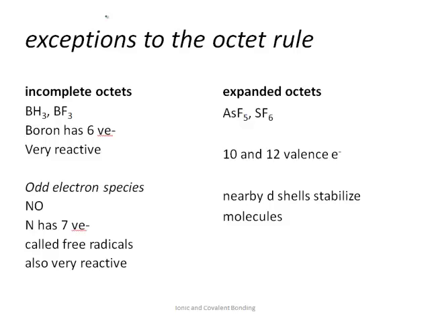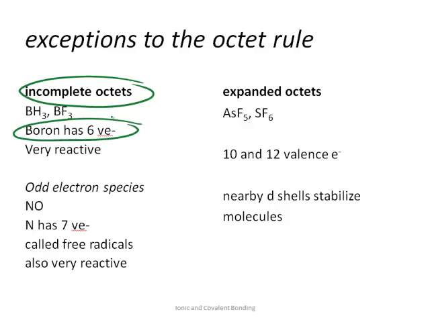And in general, we can have incomplete octets, atoms with less than 8 electrons, not including, of course, the duet rule. That's quite common. This occurs for elements in between the very small ones like hydrogen and helium, and larger ones such as neon, such as boron. Boron happens to be somewhat stable with 6 valence electrons, although it is very reactive.